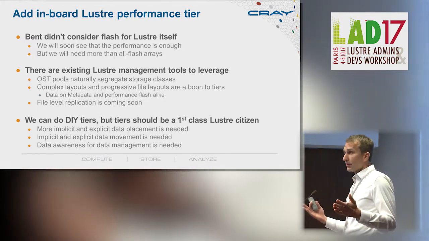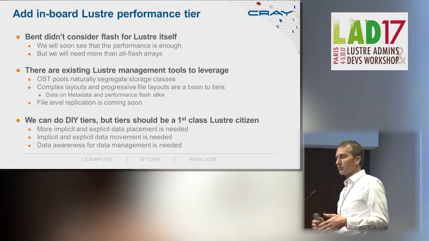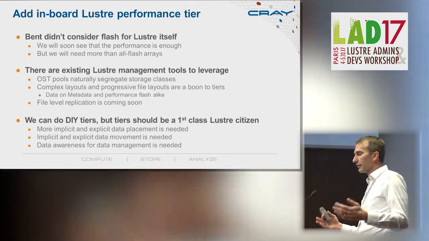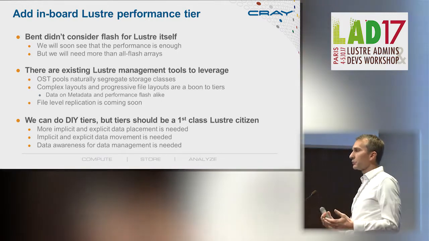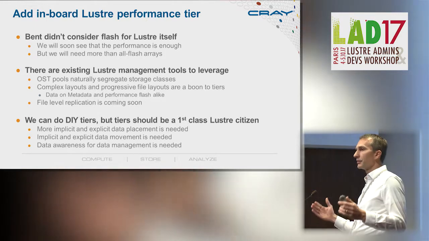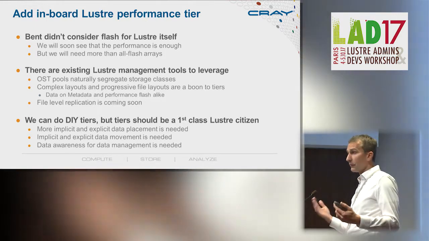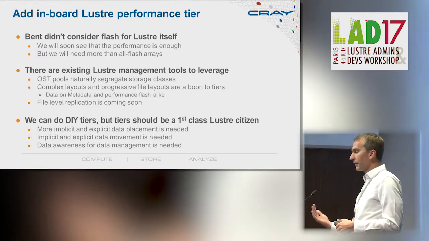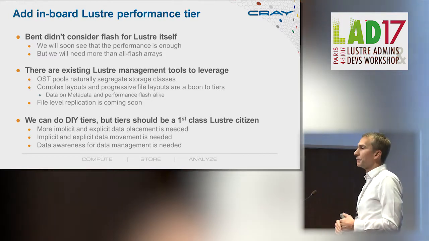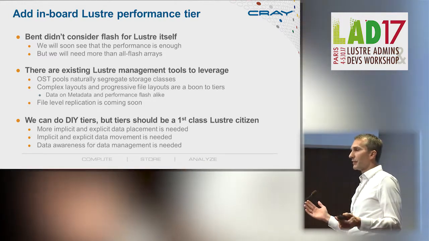And we have existing Lustre tools that can help us leverage this, right? So we've got things like OST pools, which were designed to naturally segregate storage classes. And now we've got complex layouts and progressive file layouts. Things like PFL are great. They're a boon to tiers.